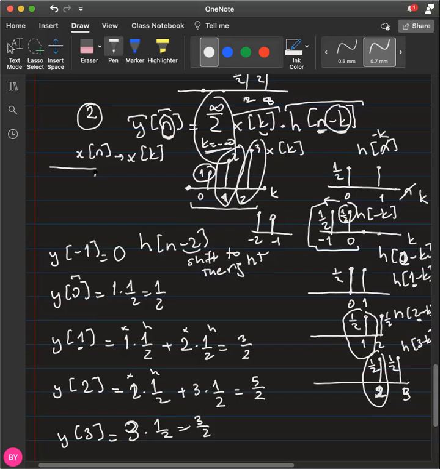Just changing, instead of n, I will write k. And then similarly, h of n will be converted into h of k. Then from here, I will take the reflection to h of minus k. And then from h of minus k, I will put n minus k. So this will be my shifting amount, and it will be the value of my index at my output. Okay, so this is the basics of discrete time convolution.